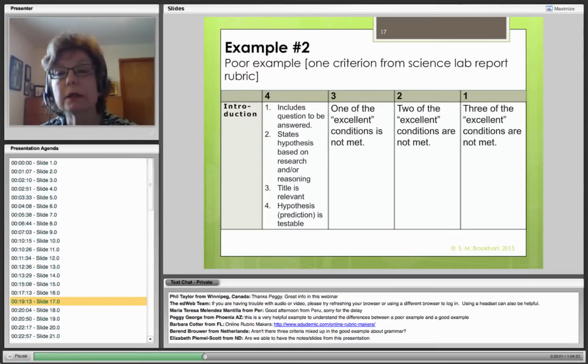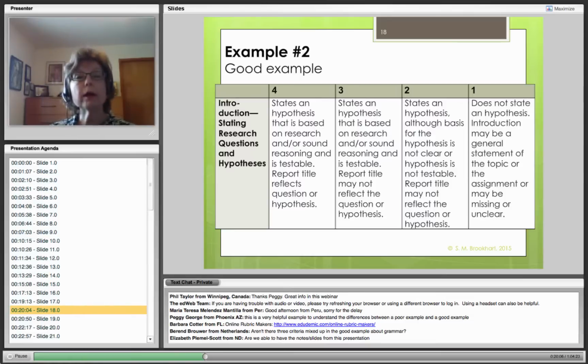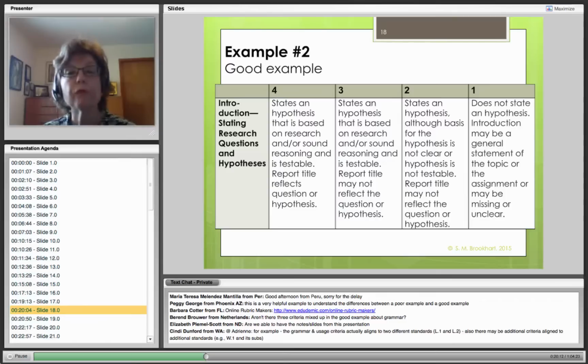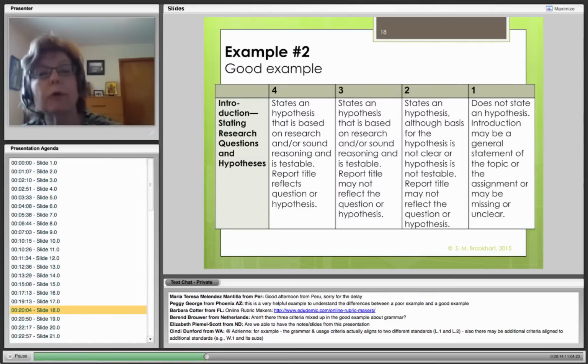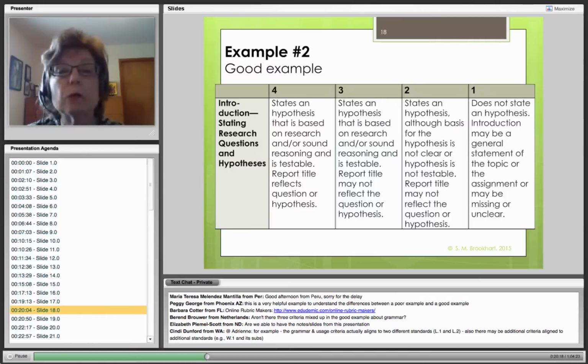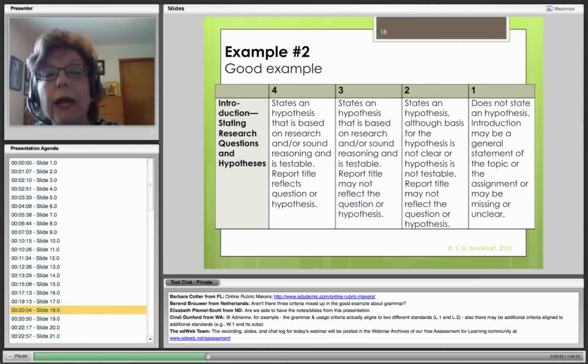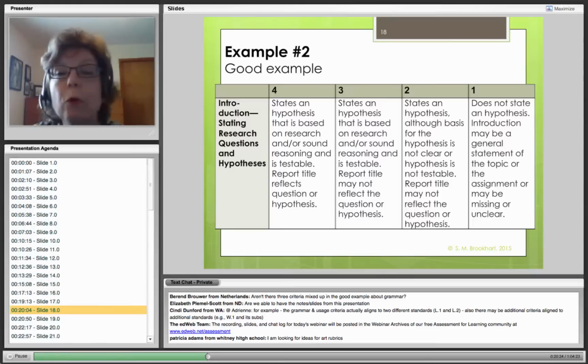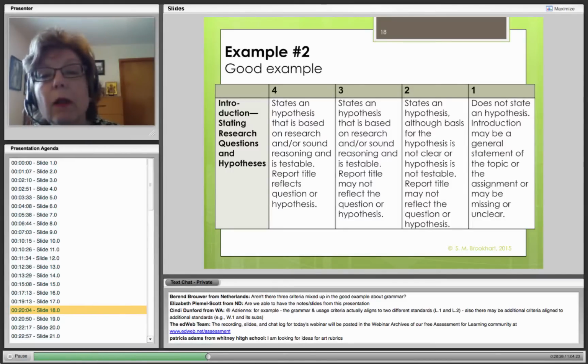It just doesn't work. And we reworked it, and the criteria notice is now no longer just introduction, because it's not about having a paragraph in your report that's called introduction. It's about being able to state research question and set hypotheses. That's the real criterion. Notice that the characteristics are laid out on a continuum from good to poor, and that they're parallel all the way along.